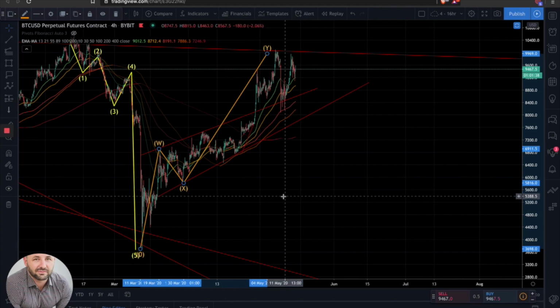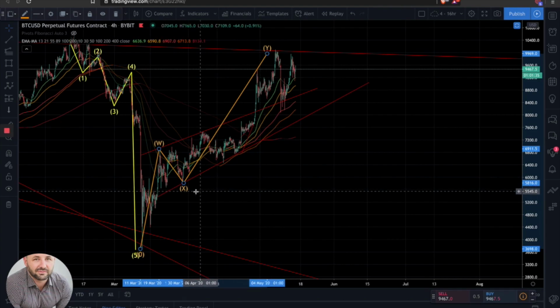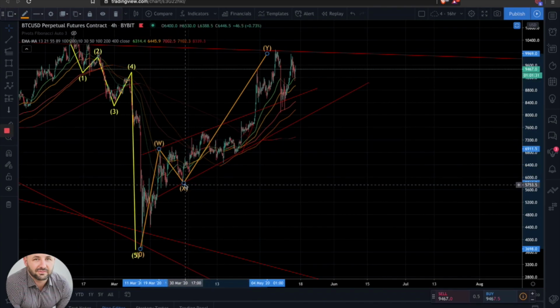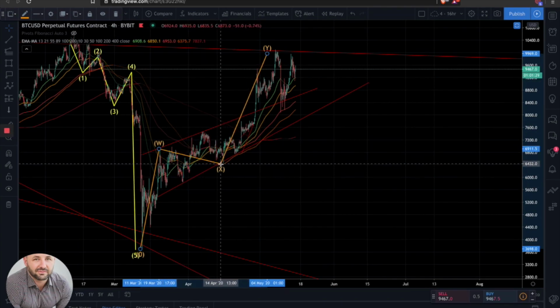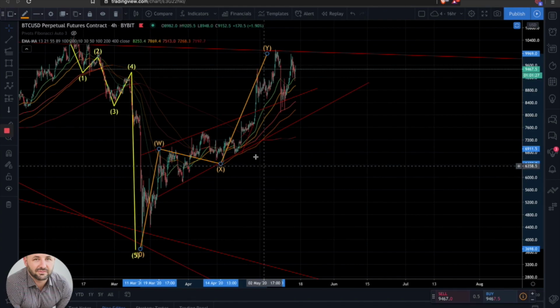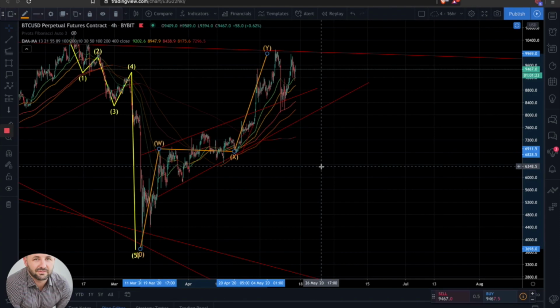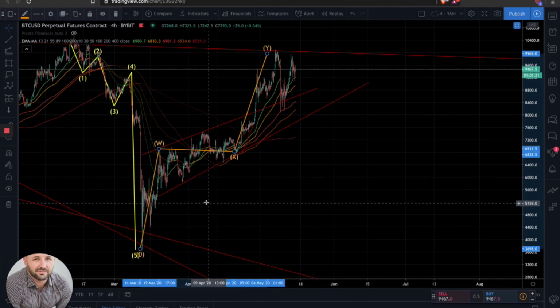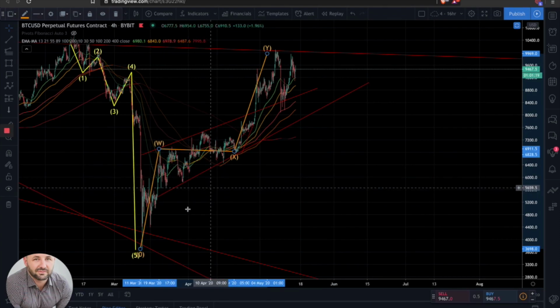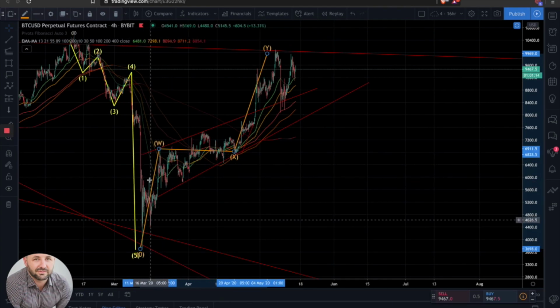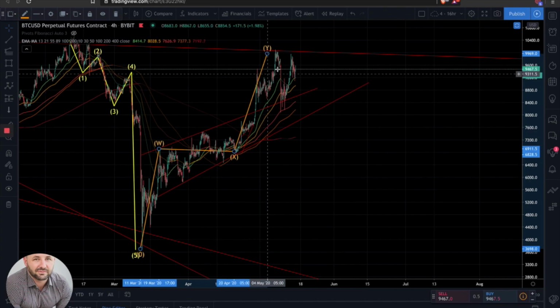I don't know if I necessarily like the symmetry of that one. So it might end up needing to be a WXYXZ within there, because everything's all 3-wave moves, right? For a WXY. But this right here, it does look fairly 3-wave-ish.